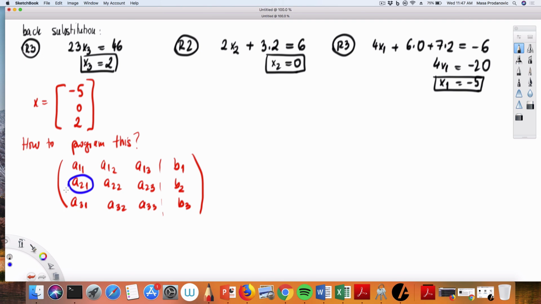So let's say that I want to find the coefficient. So I want to replace this by some coefficient C times row 1 plus row 2, with the objective of making A21 0. How do I set up that equation? How do I find C?